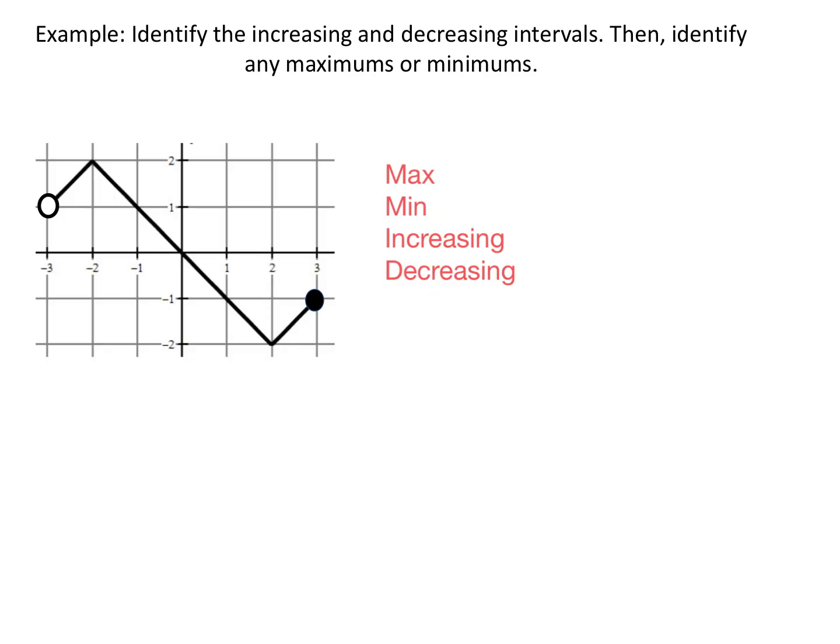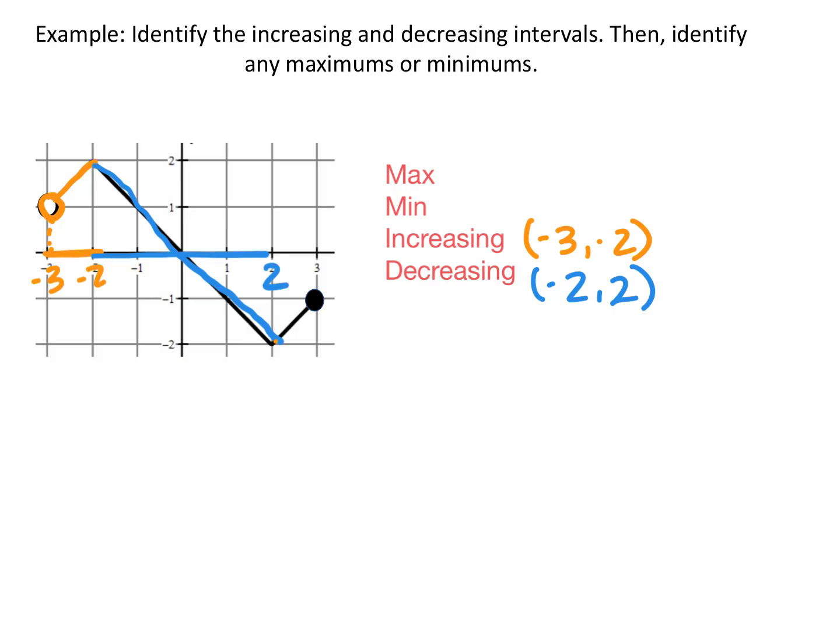In this example, I start by going uphill. So from -3 to -2, I'm going uphill. So it's increasing from -3 to -2. And I go downhill from here over to here. So from -2 over to 2, I'm decreasing.